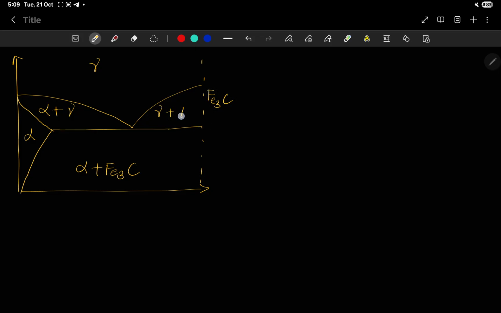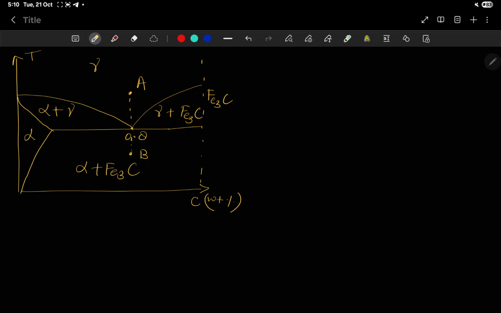This will be what? Gamma plus Fe3C. Okay, this is temperature, this is carbon weight percent. Now let's fix the concentration at 0.8 weight percent, and let's take two points, point A here and point B here, at the same concentration.